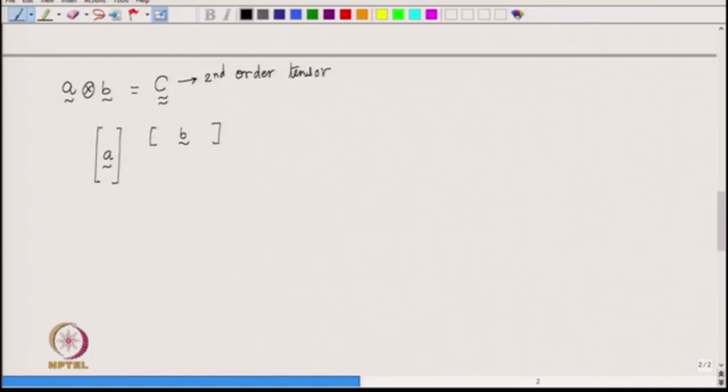Since the second one is a row, it becomes the transpose of the column. The first one is 3 cross 1, 3 rows, 1 column. The second one is now 1 cross 3. So, when you do the multiplication, what you get is actually a matrix.